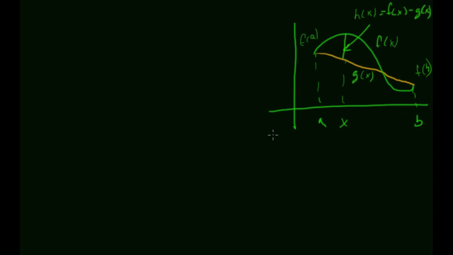Okay, so if I use my point slope formula, right, then I know that g of x minus f of x, right? So g of x minus f of x, I'm going to write this in the point slope form, should be equal to some m times x minus a.